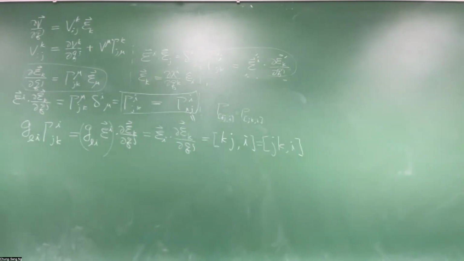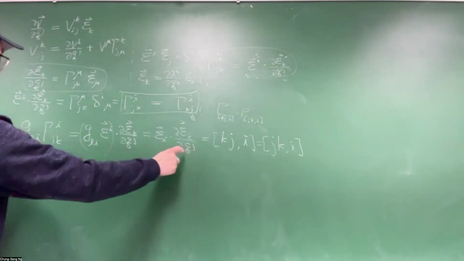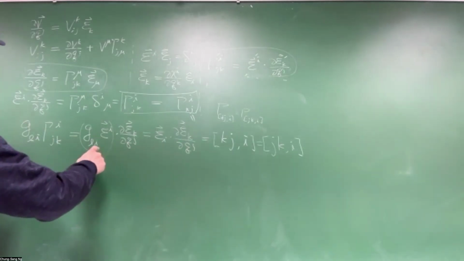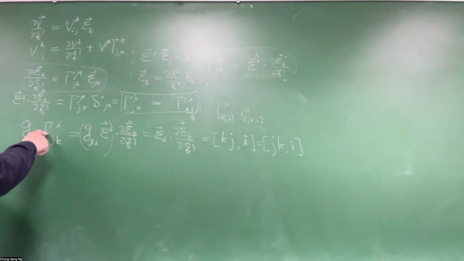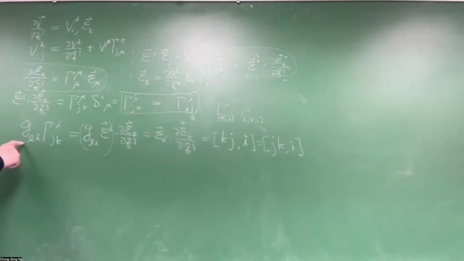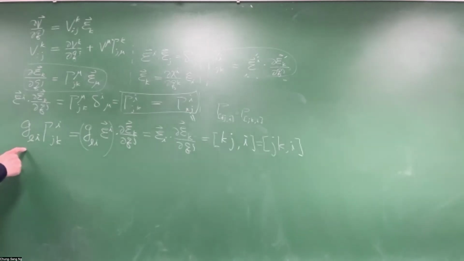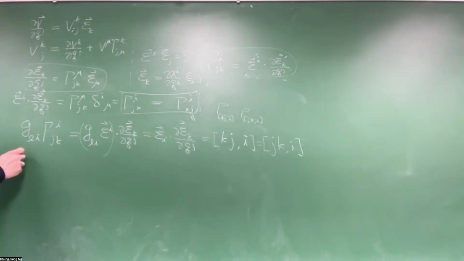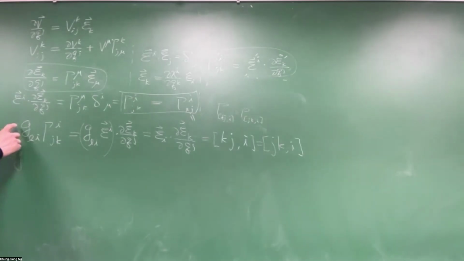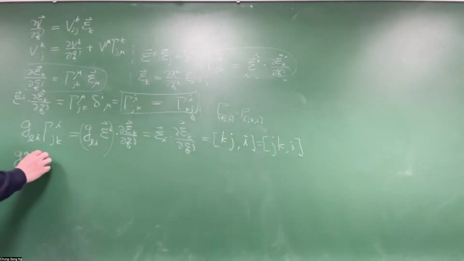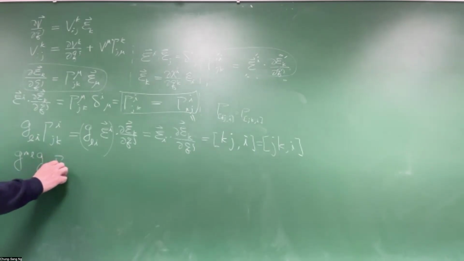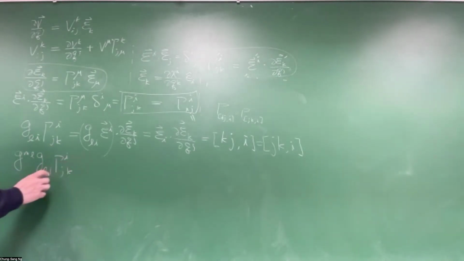Once you have that, obviously you can invert it and solve for the second kind in terms of the first kind. Then you can do another contraction with a contravariant basis.